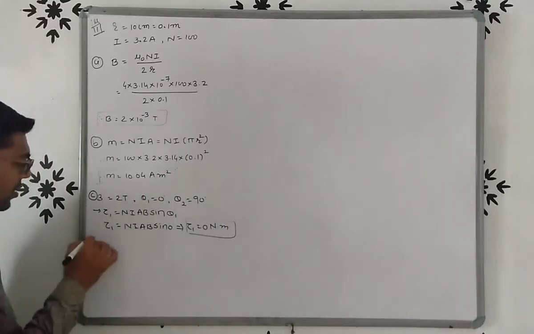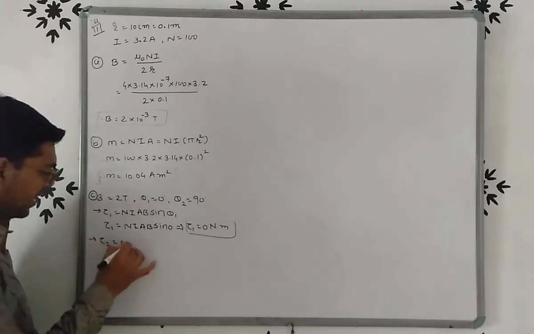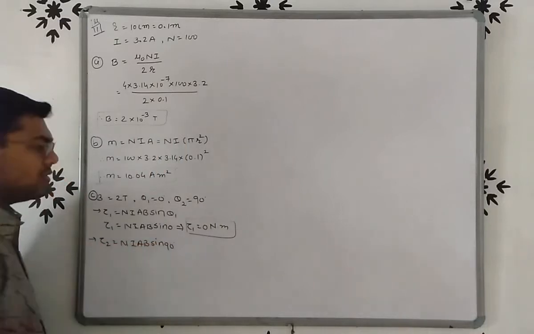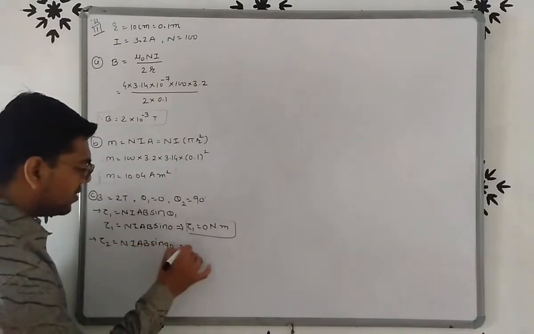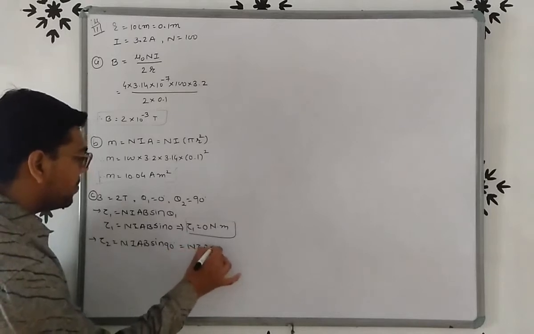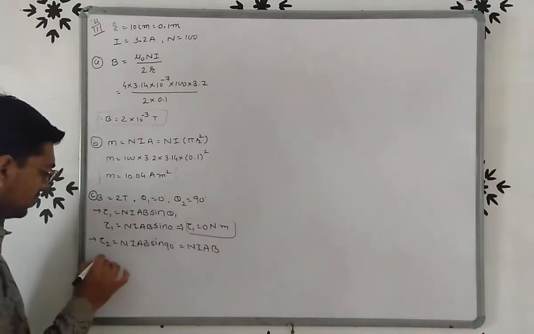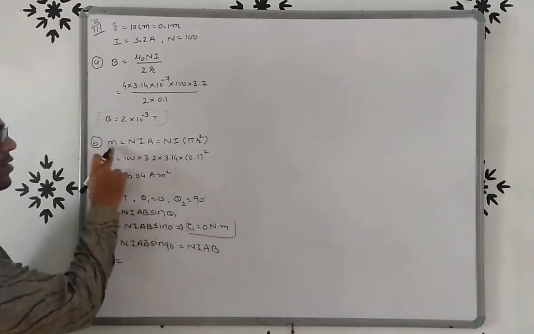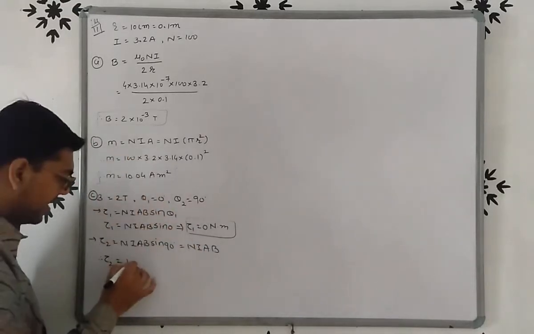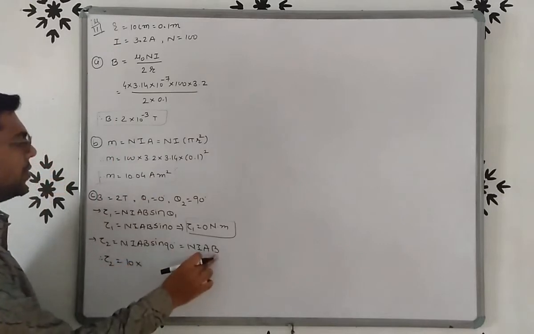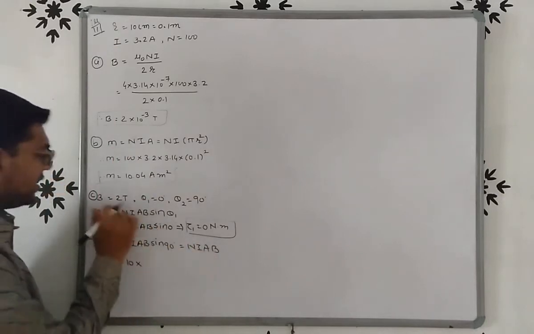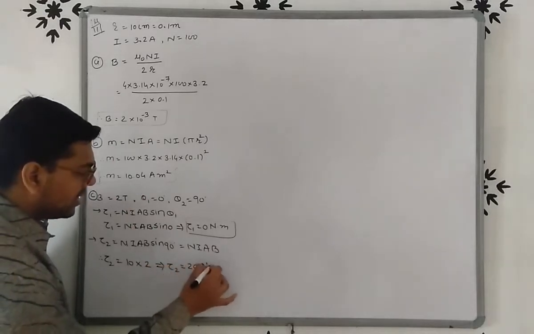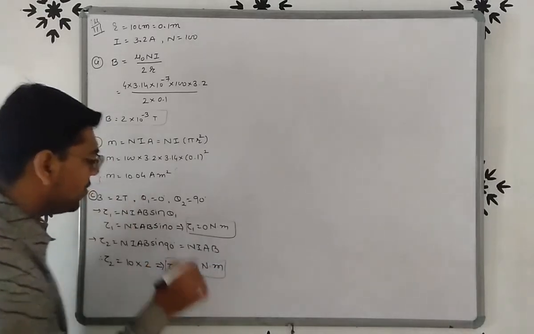Now the final torque tau 2 is NIAB sin 90. We know the value of sin 90 is 1. So tau 2 is equal to NIAB, that is, NIA into B. We know the value of NIA is 10, and the magnitude of magnetic field is 2. So tau 2 is equal to 10 into 2, that is 20 Newton into meter.